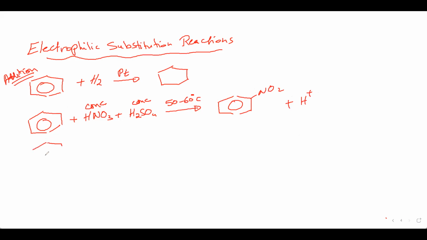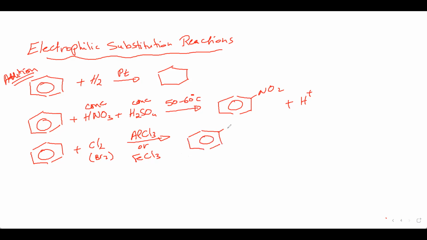Now, if we have benzene reacting with chlorine, for example, or bromine, or X2, in the presence of what we call a halogen carrier, which is aluminum chloride, or we can use iron chloride, FeCl3, then we get chlorobenzene, and of course we get a hydrogen ion as well.